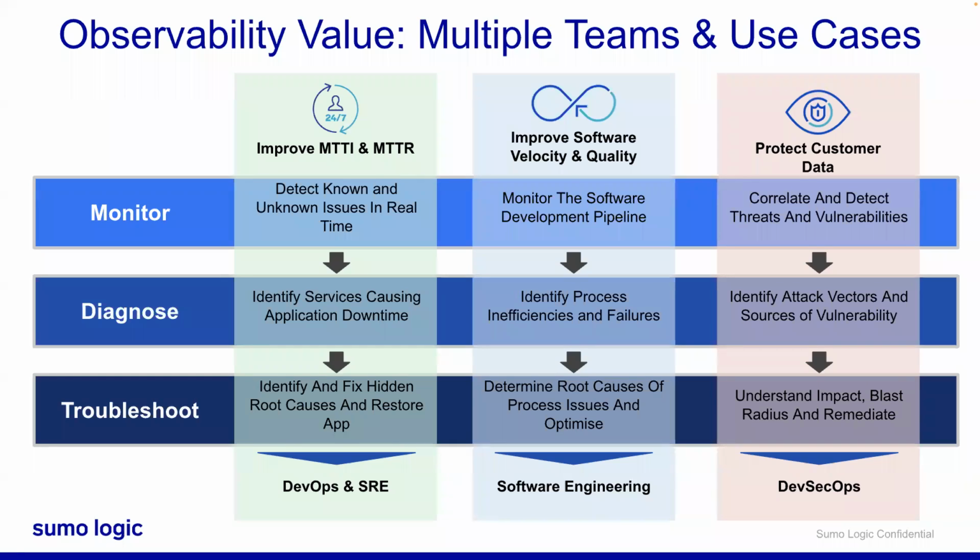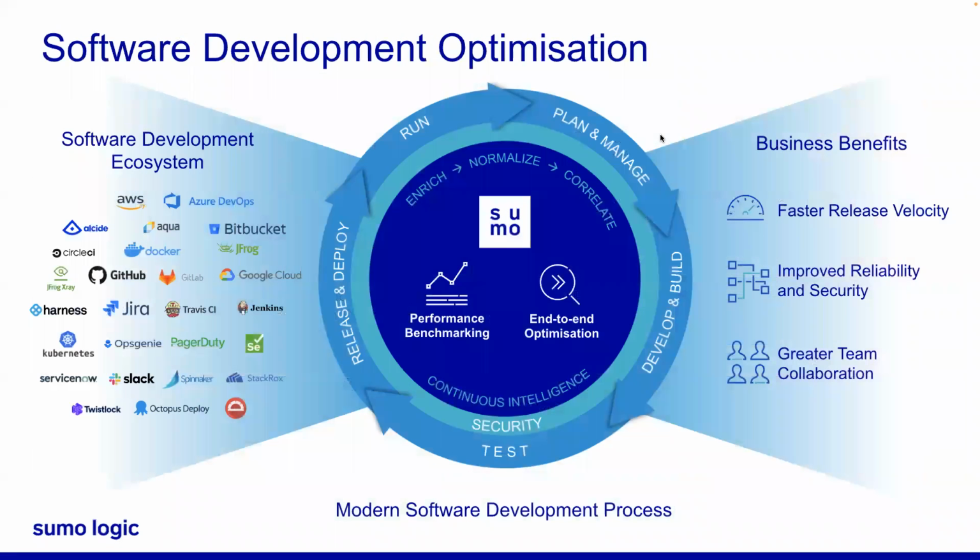And software engineering teams are looking to improve the velocity and the quality of their software development. This can all be done with the same set of data. Today we're going to look at how we improve that velocity and quality of the software engineering efforts.